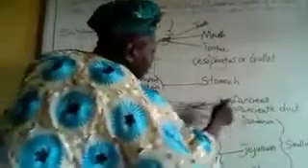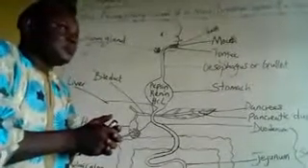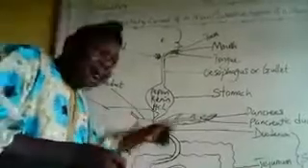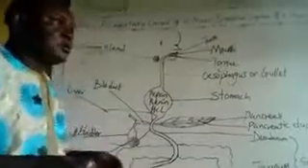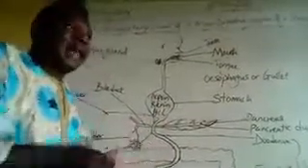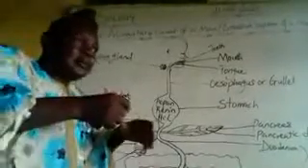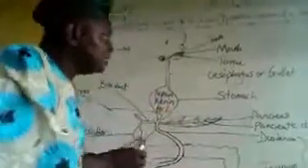The pancreas secretes pancreatic juice, which contains enzymes like amylase, lipase, and trypsin.